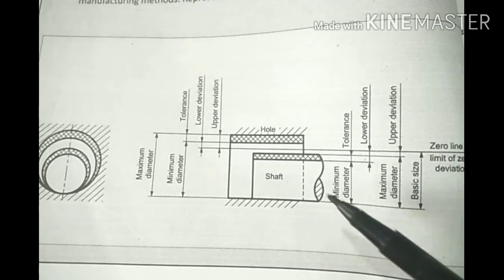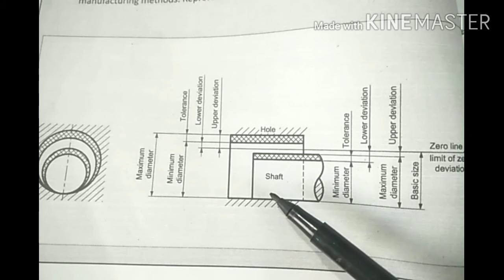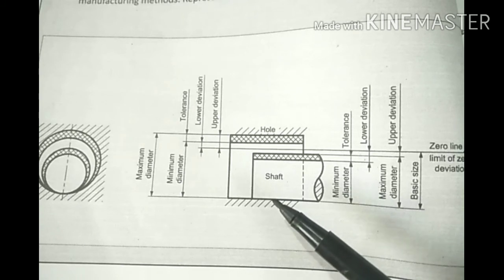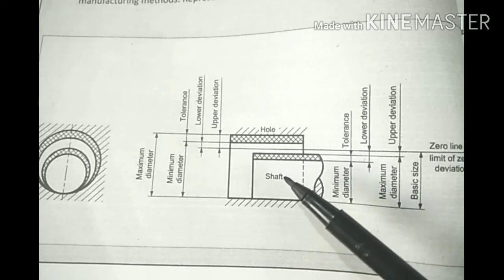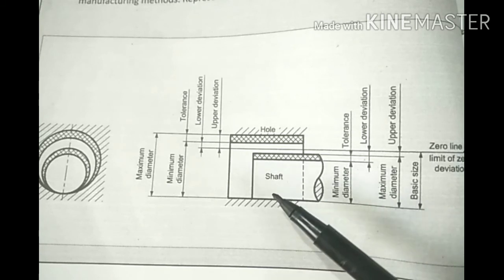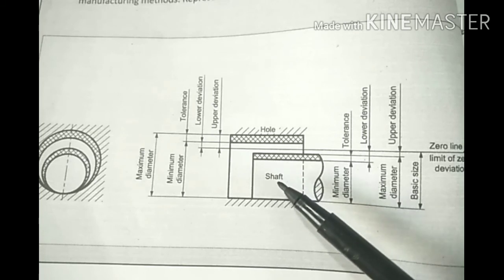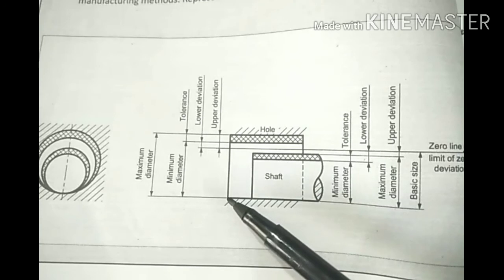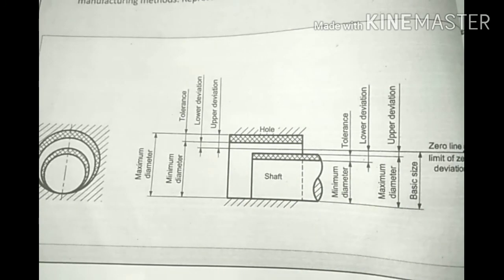And the term shaft means the term used by convention to designate all external features of the part, including those which are not cylindrical. External parts means shaft, internal parts means hole. Hole means the term used by convention to designate all internal features of the part, including those which are not cylindrical.